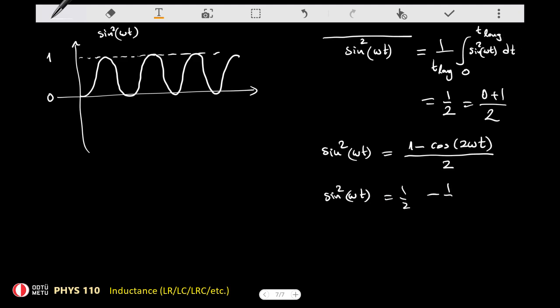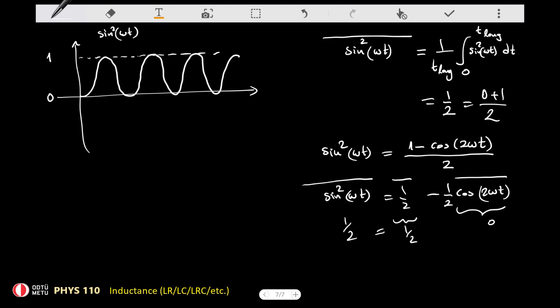If I take the time average of sine squared omega t, it is equal to the time average of the first term, which is just a constant, so its average is 1, and the time average of the cosine function. The argument is not important. The cosine symmetrically changes between positive and negative values, so its time average is equal to 0. The time average of 1/2 is 1/2, so obviously the time average of sine squared omega t is 1/2.